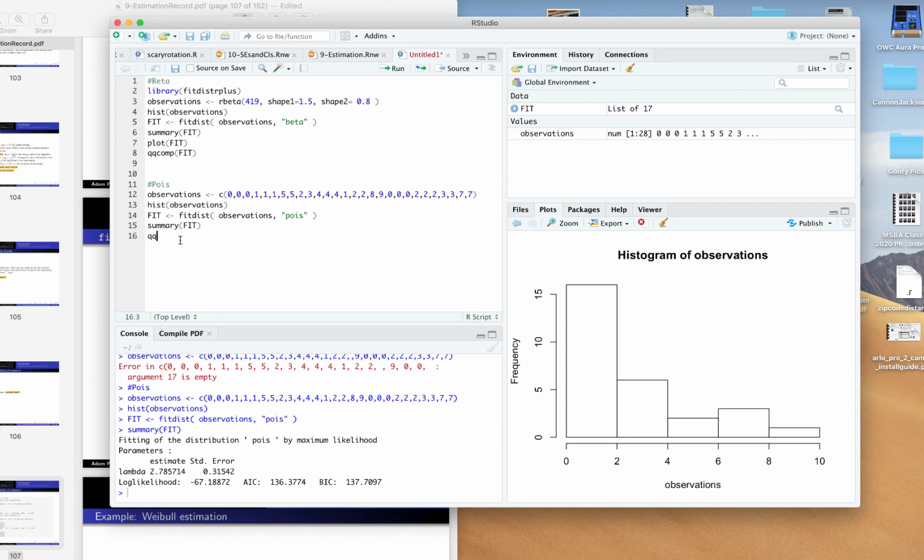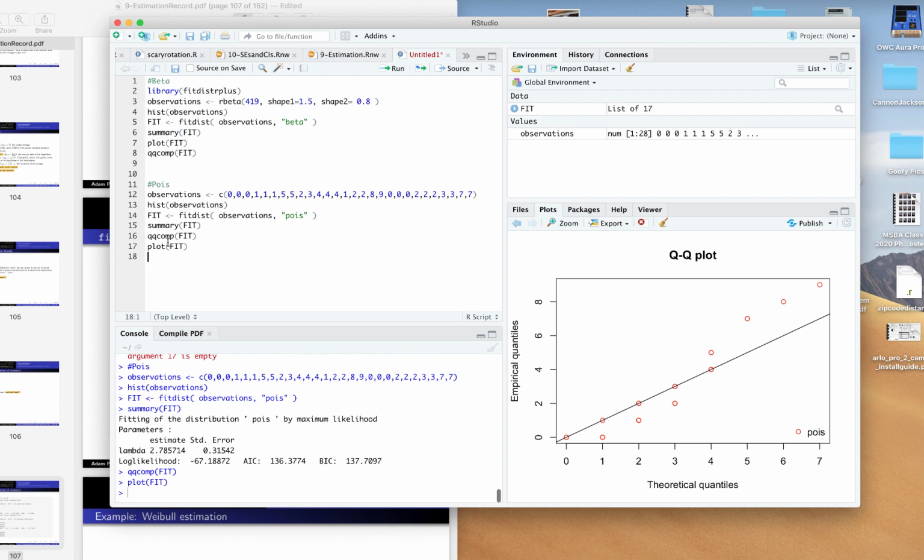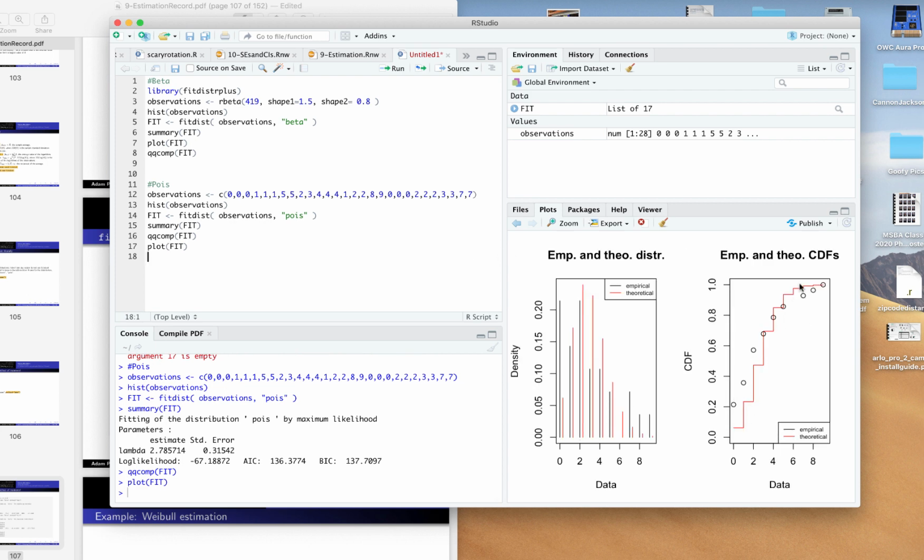So is that a good fit? Well, remember, since we're dealing with a discrete distribution, we don't really want to do QQ plots for this. That's really more designed towards continuous variables. So instead, I'm going to plot that fit. And we'll look to see if we have a good concordance between the empirical distribution function, the fraction of data values that are less than or equal to a certain value, and what we expect based on the PMF that's been proposed.